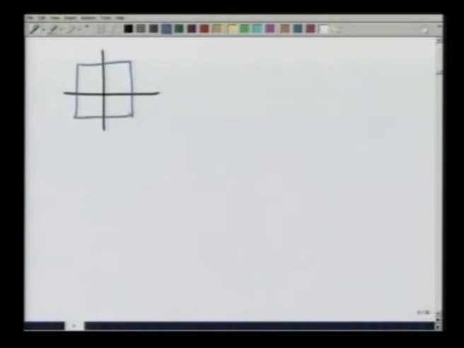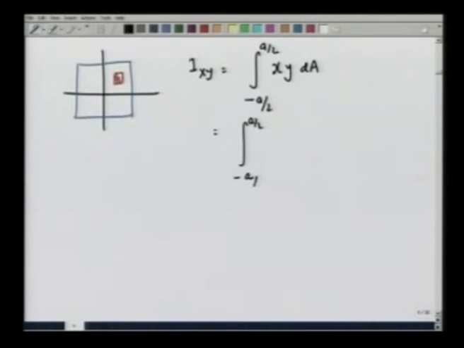Third, for the product of area, you see that Ixy is equal to integral x y dA from minus a by 2 to a by 2, and if I choose a small area dA here, this will be equal to integral from minus a by 2 to a by 2 x dx times integral from minus a by 2 to a by 2 y dy.